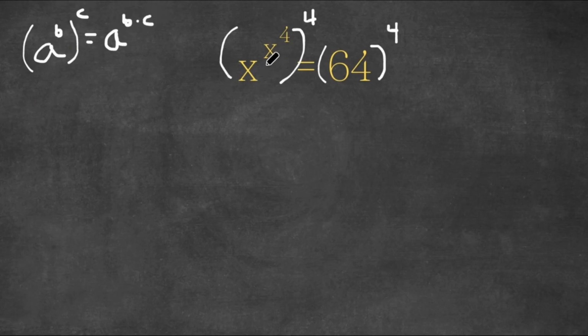So what we're going to do over here to x to the power of x to the power of 4 to the power of 4, we're going to multiply x to the power of 4 times 4, because in this case, x to the power of 4, this is b, and 4 is c. So this would equal x to the power of x to the power of 4 times 4. And this is still equal to 64 to the power of 4.